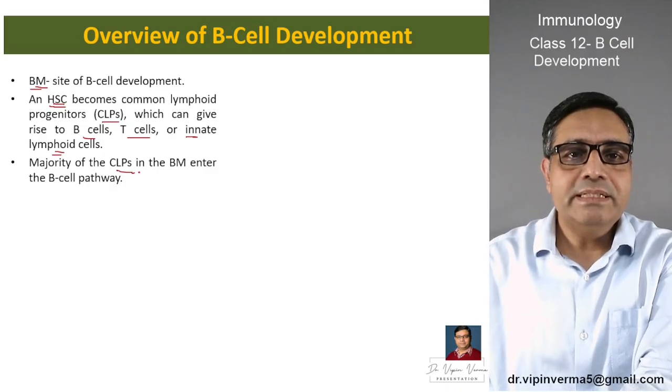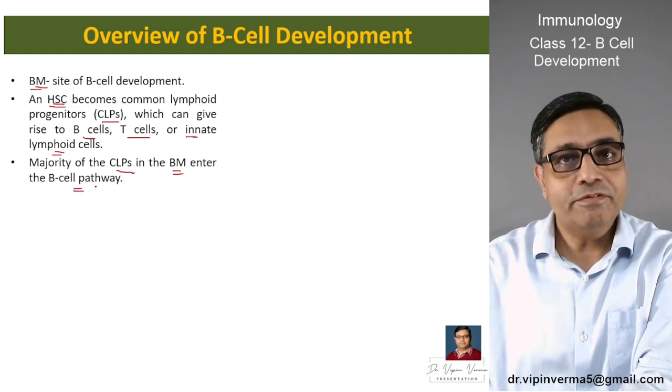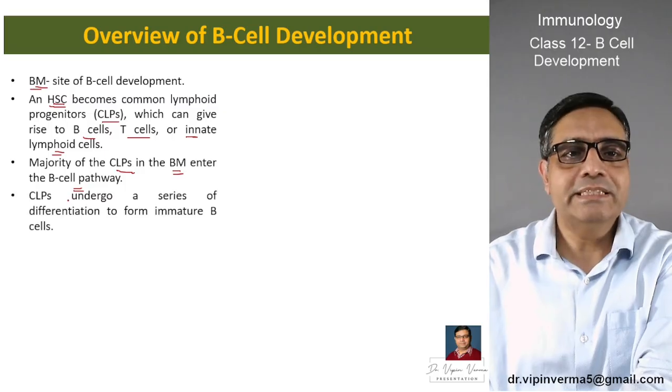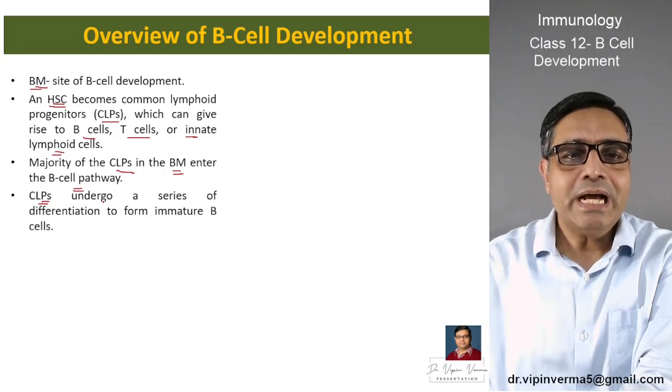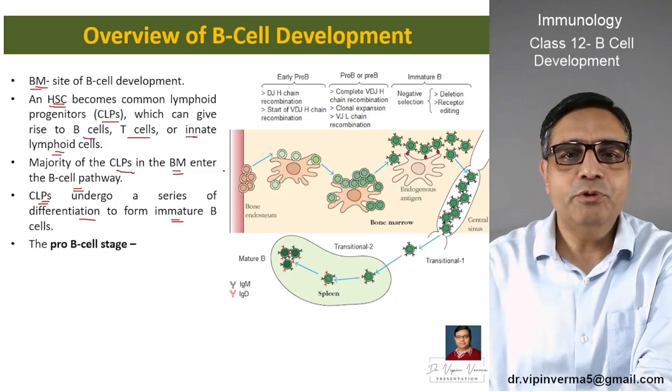Now, the majority of the CLPs in the bone marrow enter the B cell pathway. That means most of the cells become B cells. These CLPs undergo a series of differentiation steps to form immature B cells. Here you can see the stem cells, which form the early pro B cells.